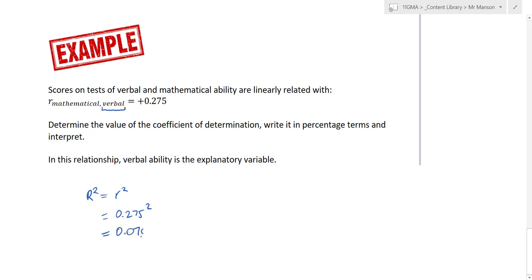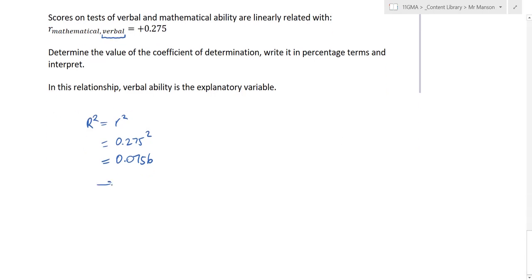That's the claim. So you can then make that statement if you need to. So write it in terms of percentages and interpret. So this is equal to 7.5% of mathematical ability can be explained by verbal.